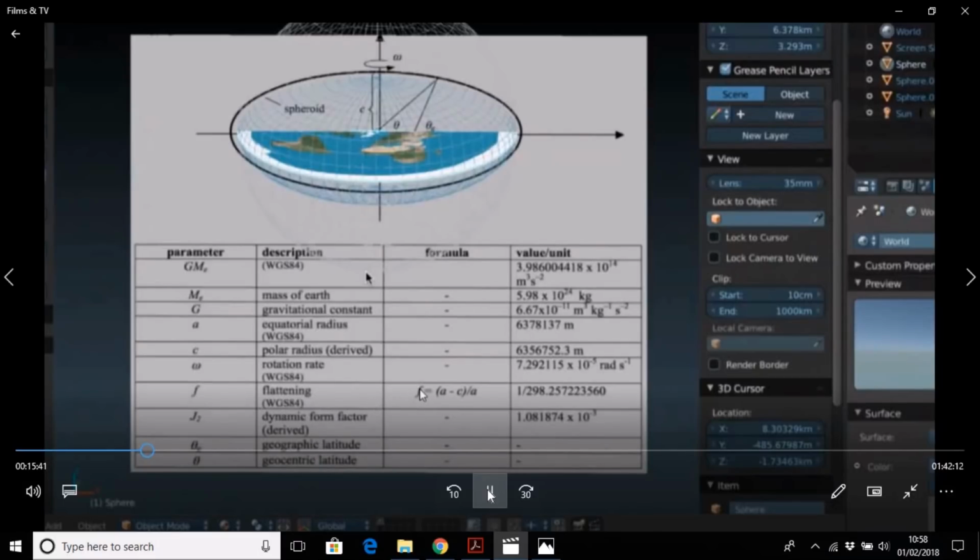Yeah, so the flattening factor equals A, the equatorial radius, minus C, polar radius, derived, okay, that's this, divided by A, which is the same figure again, A. So this figure here, very similar, slightly smaller when it comes to the polar radius, the derived figure.